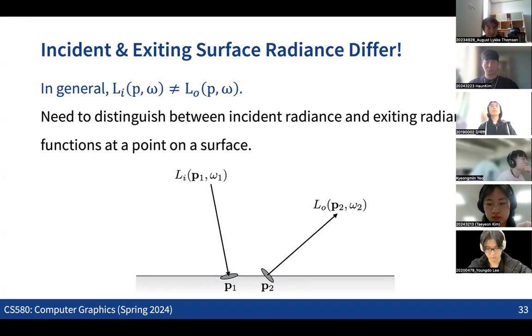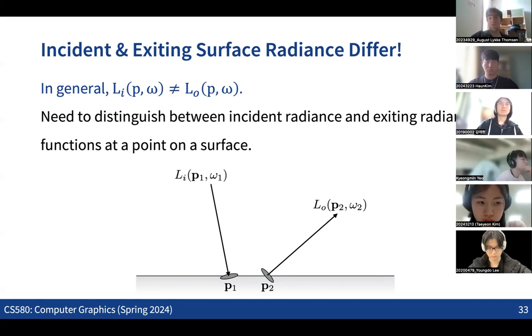So what we are going to do for the whole rendering process is accumulate all these incoming radiance from all the different directions, and based on some reflection model, we are going to calculate the outgoing radiance with some calculation. So we are going to distinguish the incoming, incident radiance and the exit radiance based on our formulations. Any questions on this?